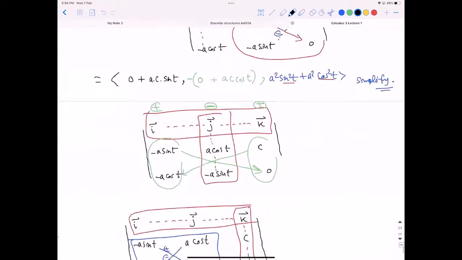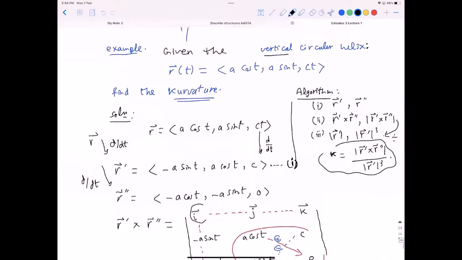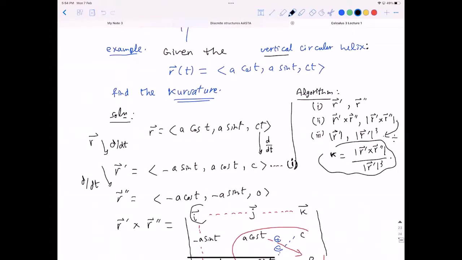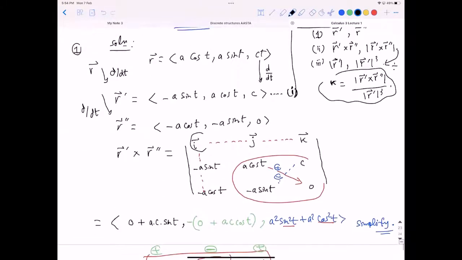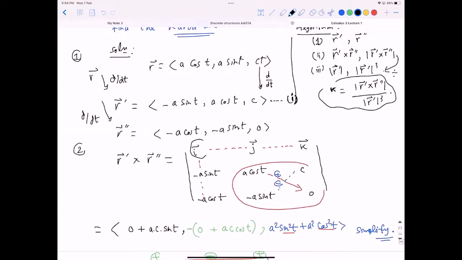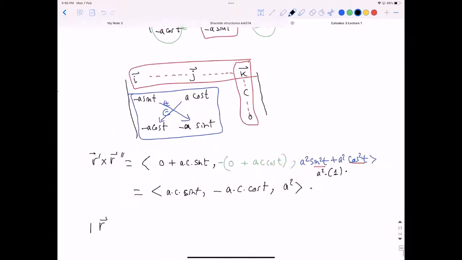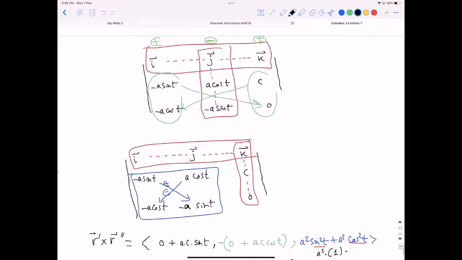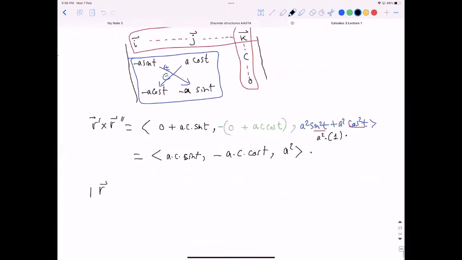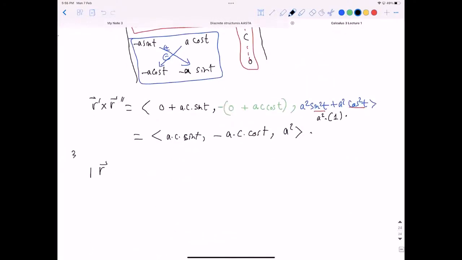So, recap. First, get R prime and R double prime; the first and second derivatives are found. Second, we find the cross product of the derivatives and its magnitude. Done. Third, we find the magnitude of R prime. Sorry, not yet.